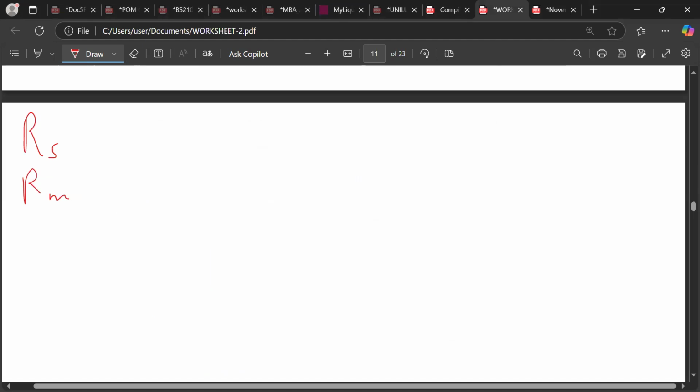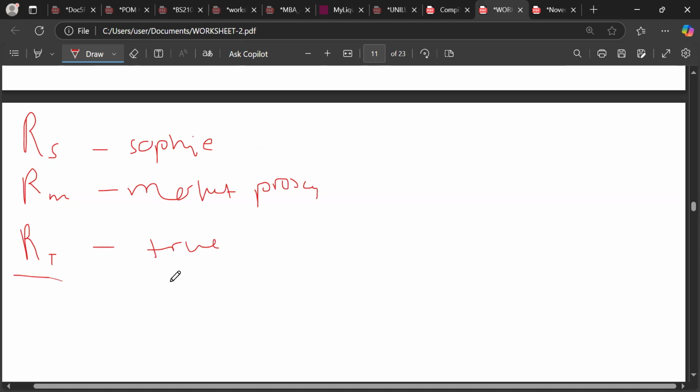And the last one, we'll say RT for the true market returns. We're just creating our notations here first: Sophie returns, market proxy, and then here the true returns.